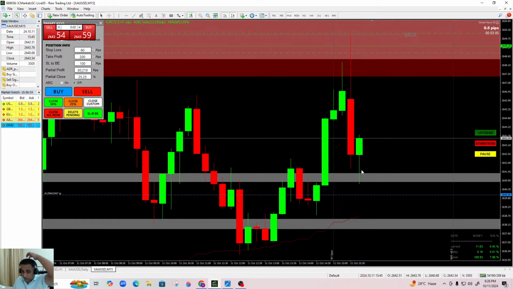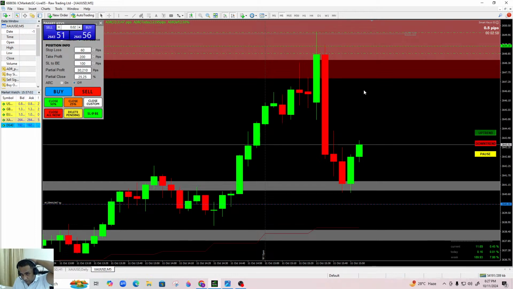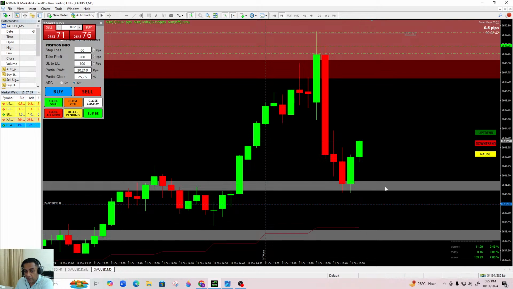Yeah, so this 5-minute candle did close bullish. From here, we are trying to push back up. A candle needs to close below this area. This is why you take time when you're drawing support and resistance levels, because when you draw them correctly, you see these bounces perfectly at the zones.